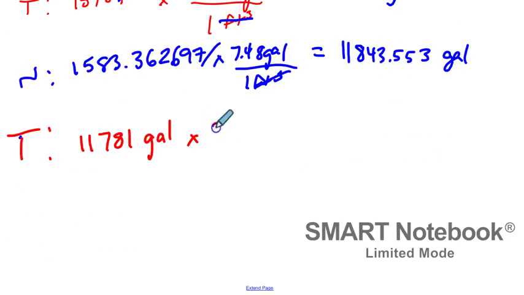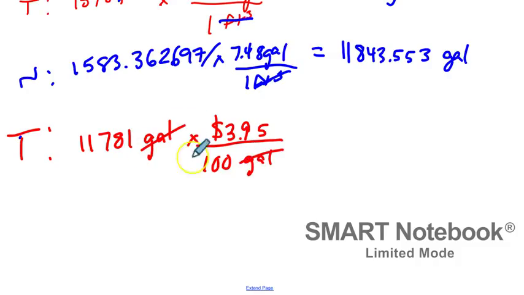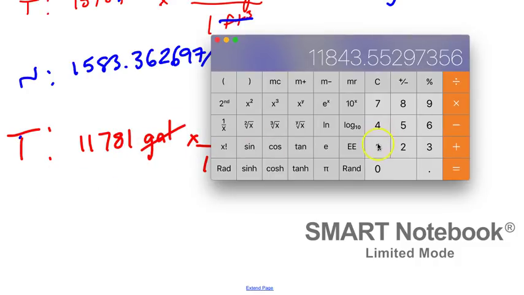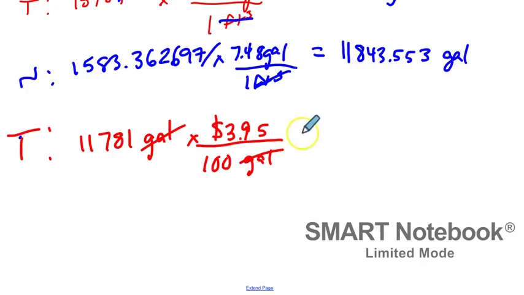She pays $3.95 for every 100 gallons. So multiply by 3.95 and divide by 100. We'll figure out Teresa pays $465.35.